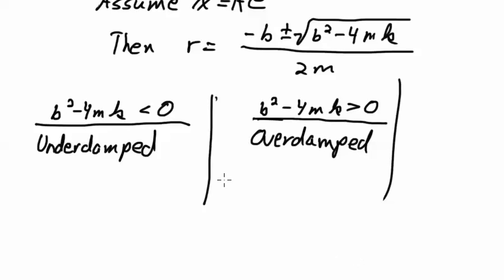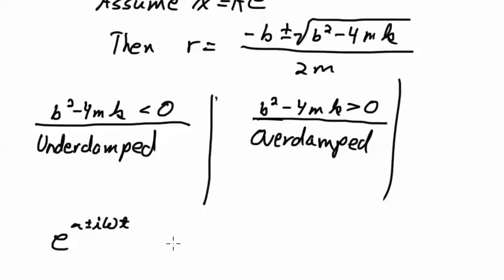Now, what I'm really interested in right now is the underdamped case, because what we'd like to establish is that we're basically going to end up with an equation of the form e to the alpha plus or minus i omega t.